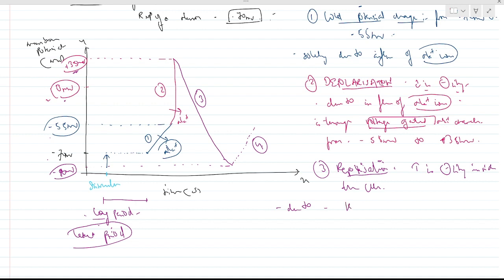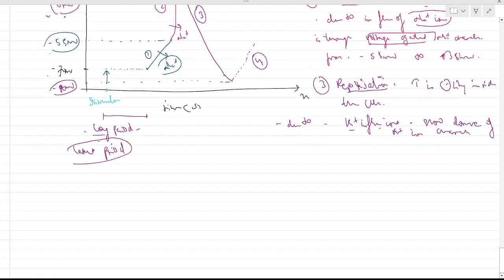This is due to the slow closure of potassium ion channels. Due to slow closure of the potassium ion channels, there is continued potassium, sorry, not potassium influx, it is efflux, removal.